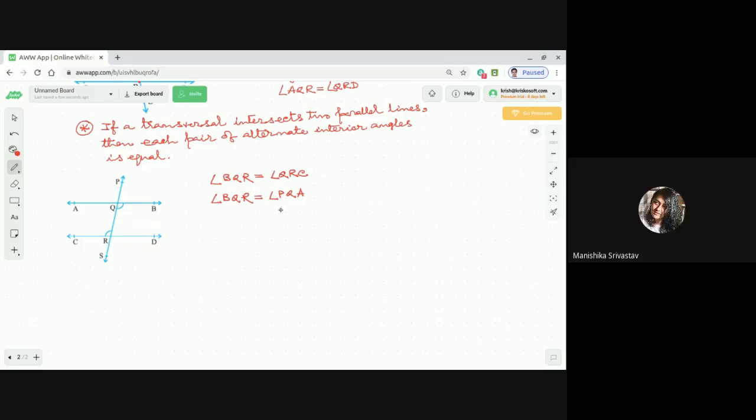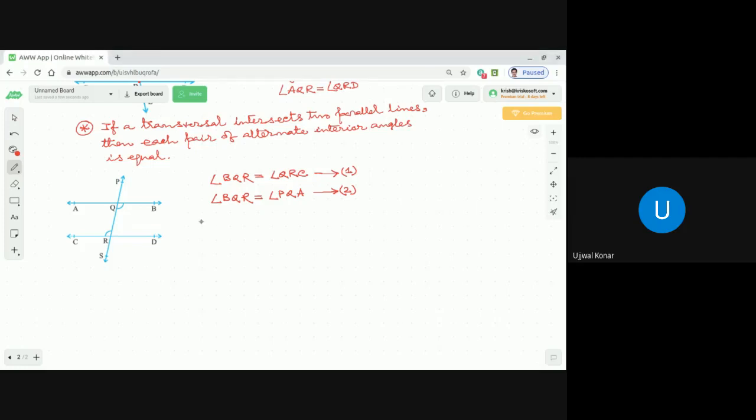Exactly, that is a vertically opposite angle. Now, suppose BQR is equal to QRC is equation 1, and BQR is equal to PQA is equation 2. If we combine these two, we can conclude that PQA is equal to QRC, correct?